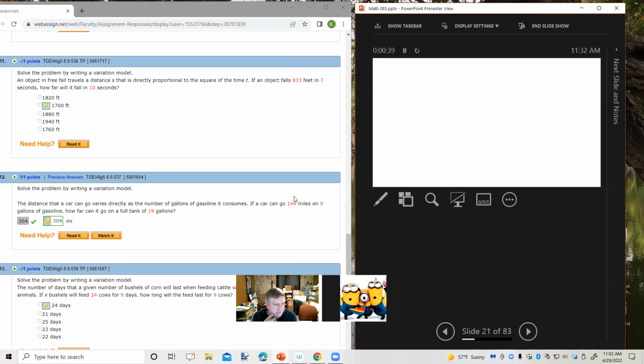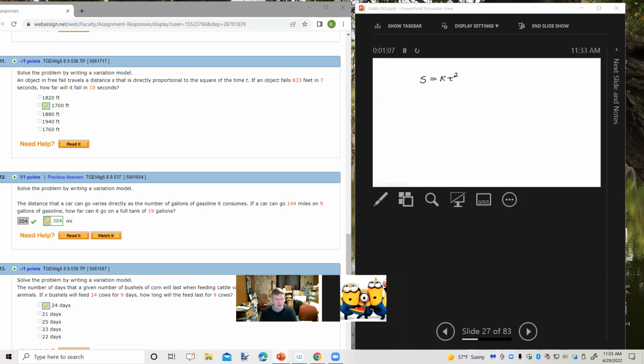Solve the problem by writing a variation model. An object in free fall travels a distance s that is directly proportional, that is to say, it varies directly to the square of time t. All right, so s equals k t squared.